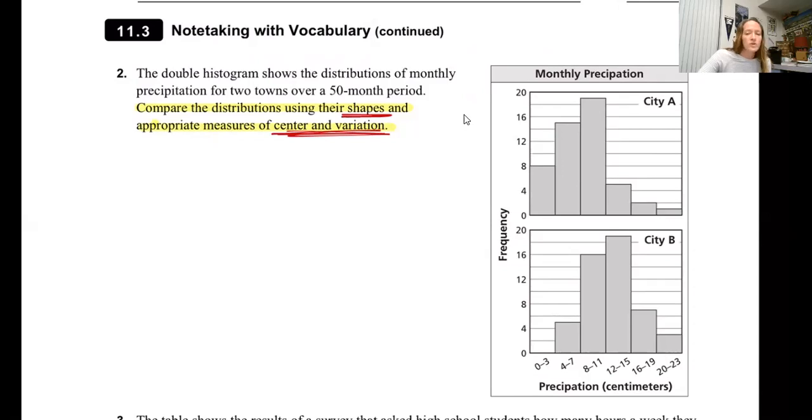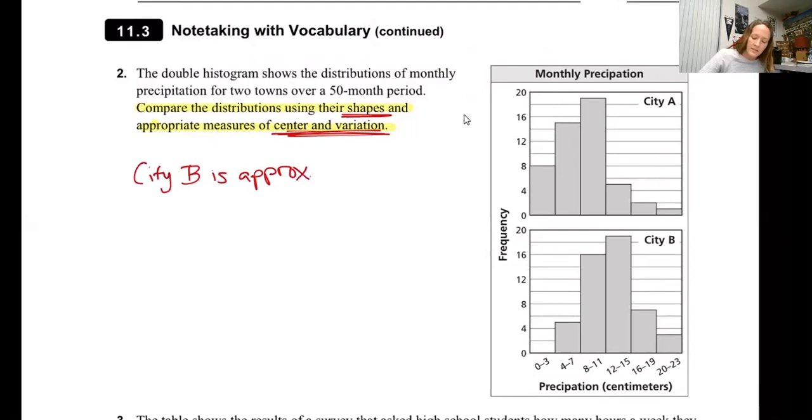So looking at these two shapes, I hope that you guys can see which one looks more symmetric. They are both a little bit off. Neither one is perfectly symmetric, but there definitely is one that seems more symmetric. The one that seems more symmetric in my mind is going to be city B. City B is approximately symmetric, because it's not perfect.